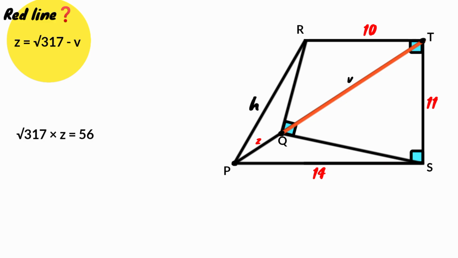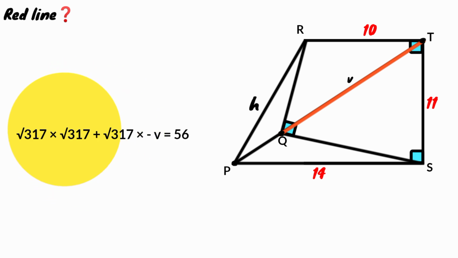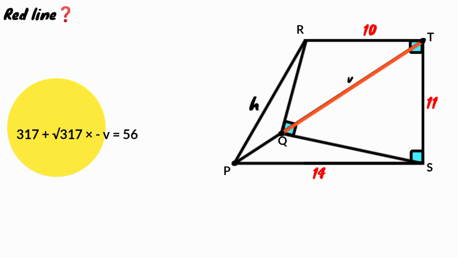So Z equals the square root of 317 minus V. Come here, replace this Z with the square root of 317 minus V. The square root of 317 multiplied by the square root of 317 minus V is the square root of 317 times the square root of 317 plus the square root of 317 times negative V. The square root of 317 multiplied by the square root of 317 is 317, plus the square root of 317 times negative V is minus V root 317.